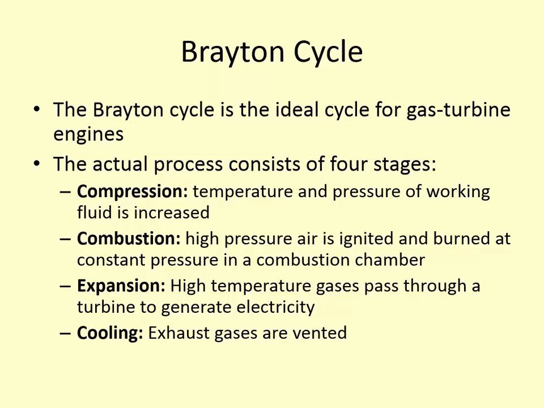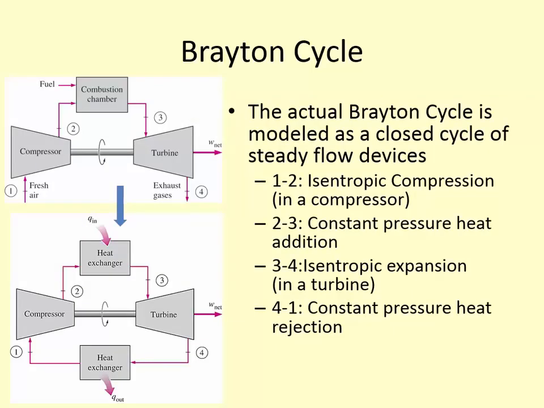The process for the Brayton cycle is 4 stages as well: compression, combustion, expansion, and cooling. It's modeled using 2 heat exchangers, a turbine, and a compressor. So in actuality, you would have an intake of fresh air.